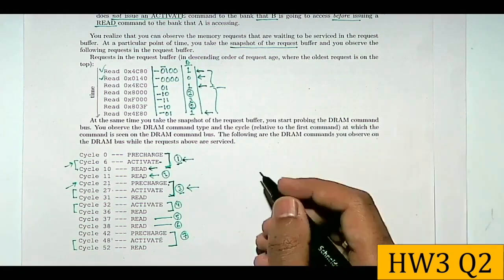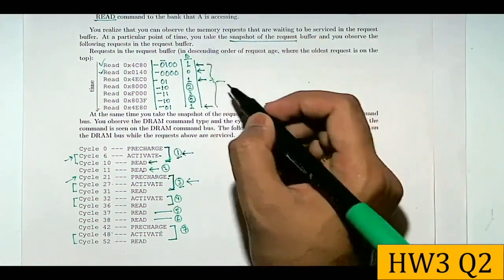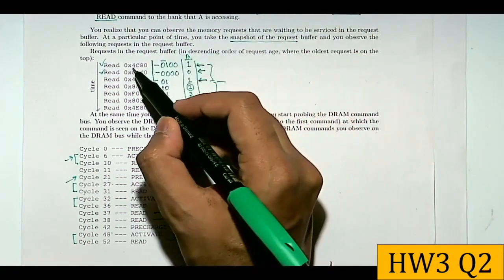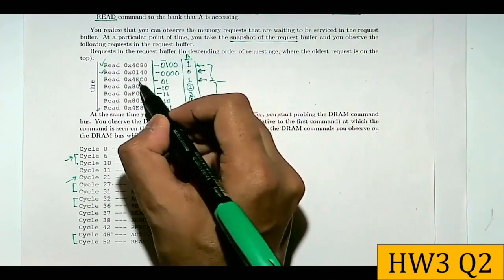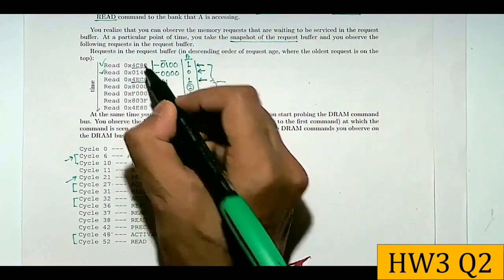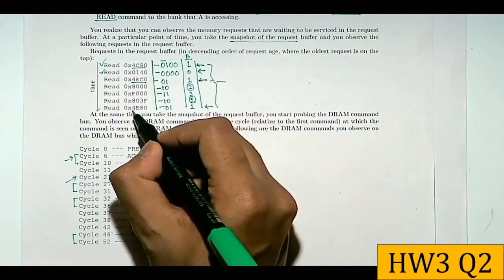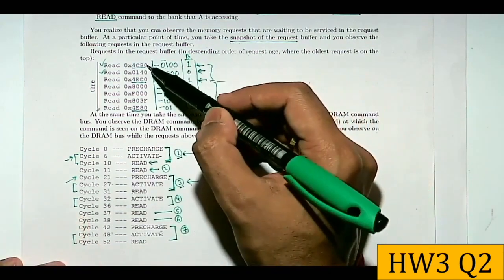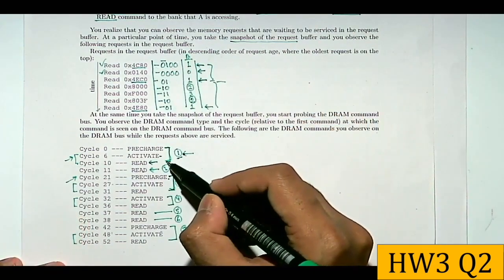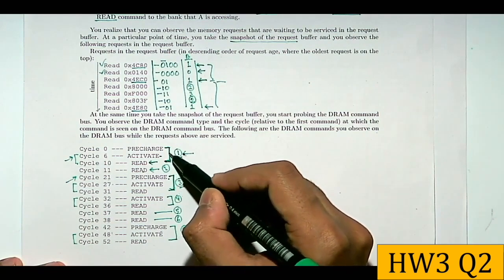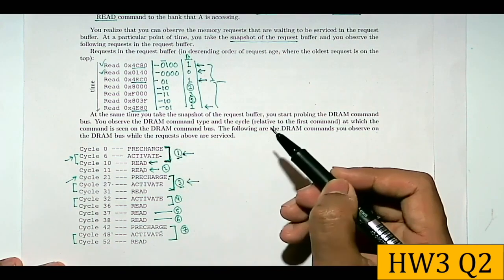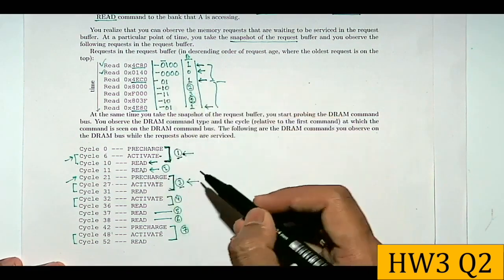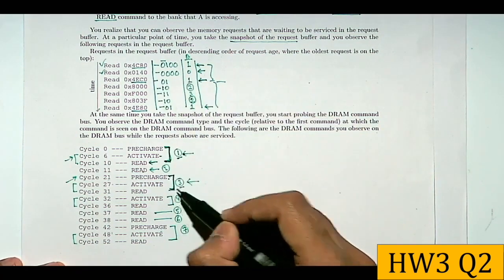Now let's see how big the row buffer is. Let's see the first sequence of accesses: 4C80 and then 4EC0, these 2, and the last one, 4E80. 4C80 is serviced by these 3 command sequence. The next one, 4EC0, is serviced by these 3 command sequence.